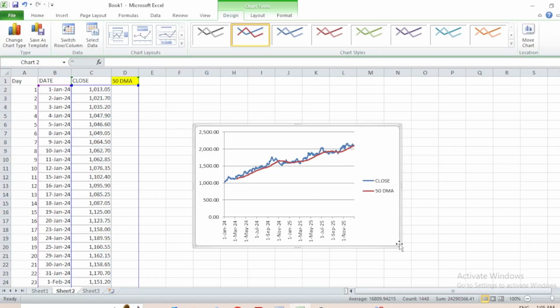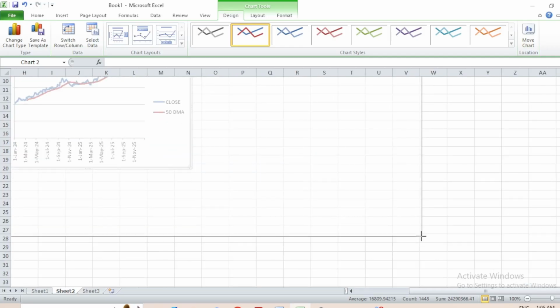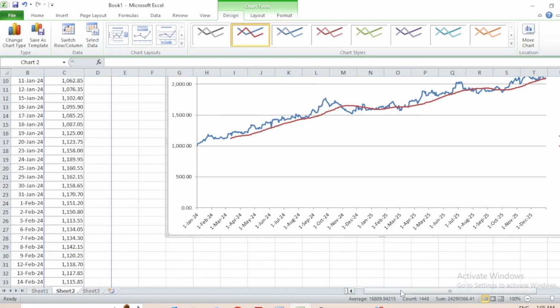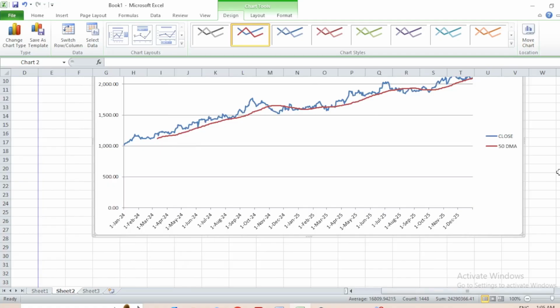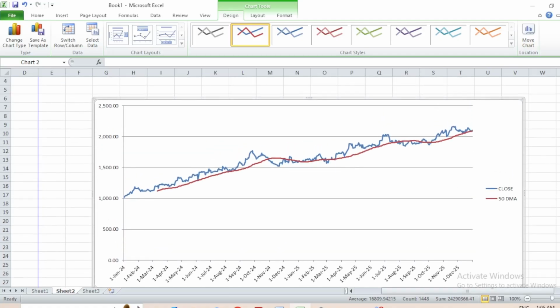Now if I just increase the size of the chart like this, you can see that although the price fluctuation is there, the smoother line gives me better clarity over the trend of this stock price. So in general, over the last 2 years, the general trend of the stock price is to move upward.